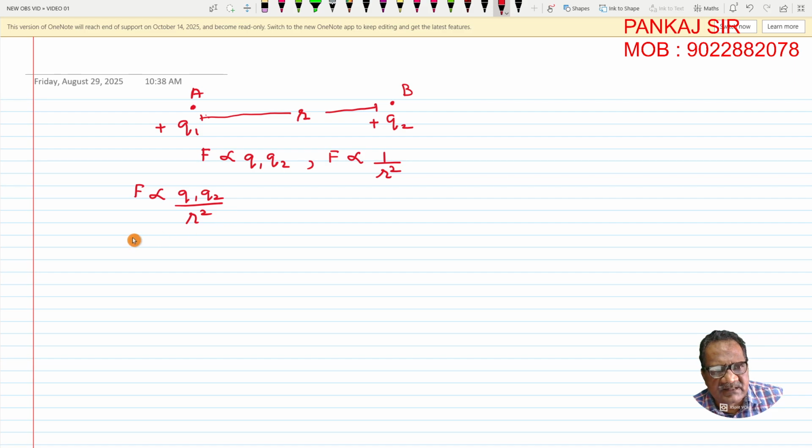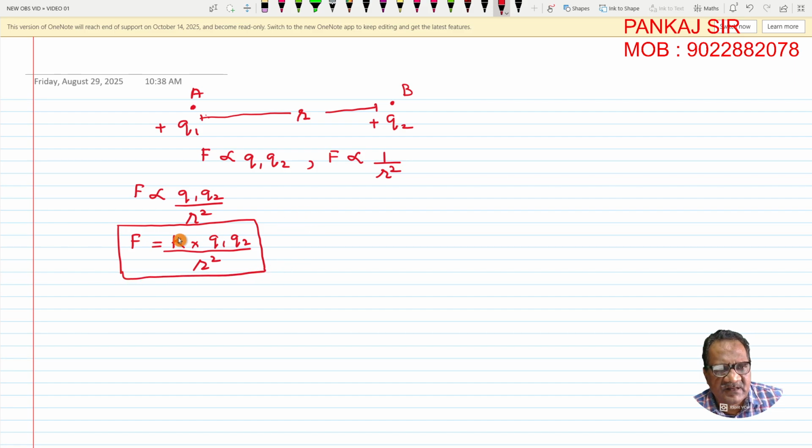Now, this proportionality sign, if we remove and put an equal to sign, then we'll have to put some proportionality constant, say K. So F will be equal to K times Q1 Q2 over R square. This is the formula for the force acting between the two charges Q1 and Q2.